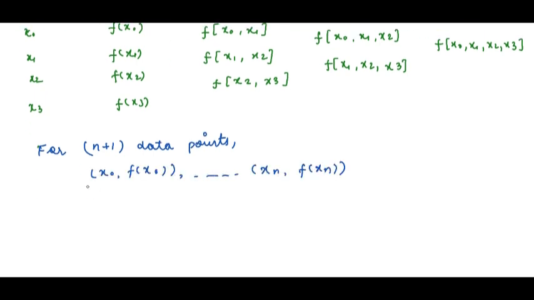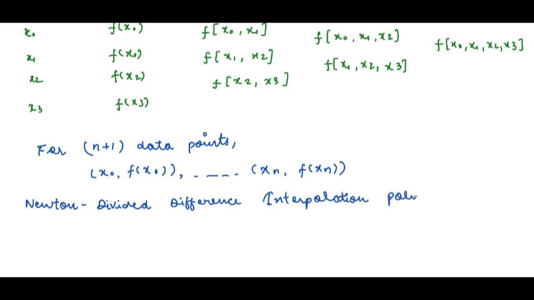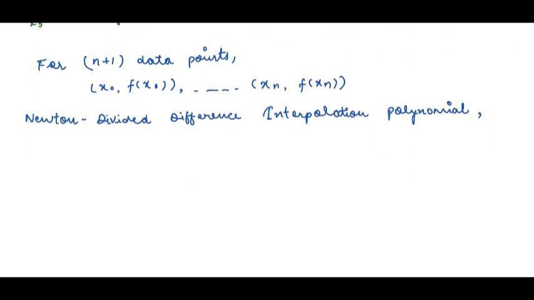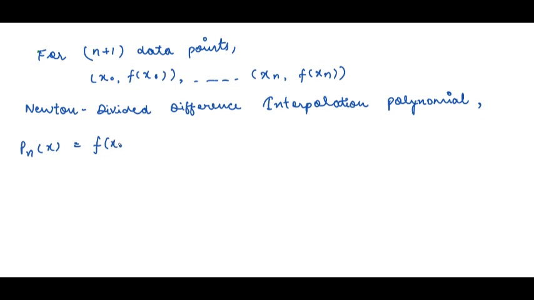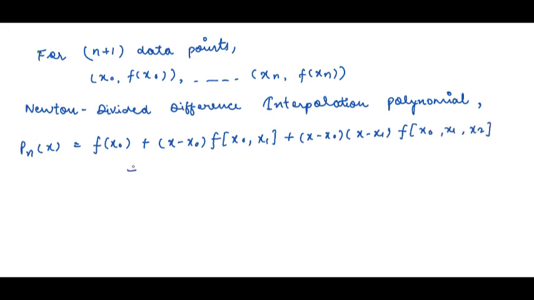The Newton divided difference interpolation polynomial becomes Pn(x) equals f(x0) plus (x minus x0) multiplied by f[x0, x1], plus (x minus x0)(x minus x1) f[x0, x1, x2], plus (x minus x0)(x minus x1)(x minus x2) f[x0, x1, x2, x3], and so on.